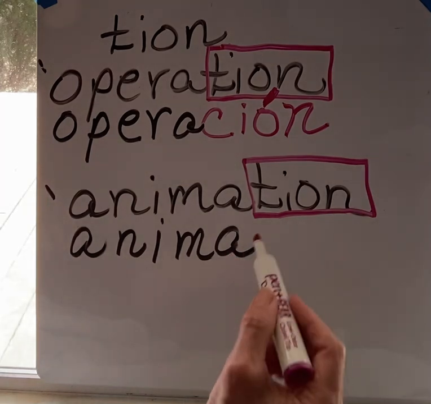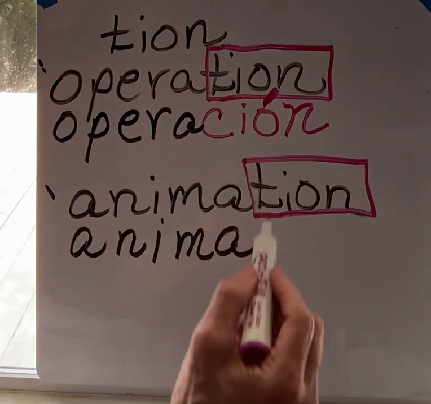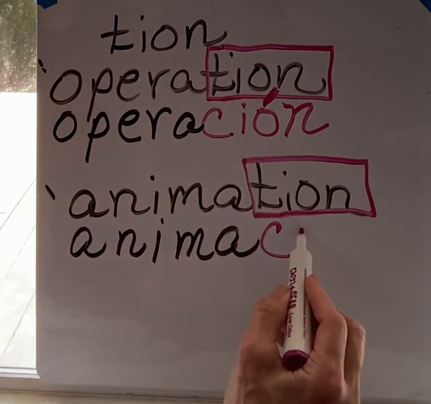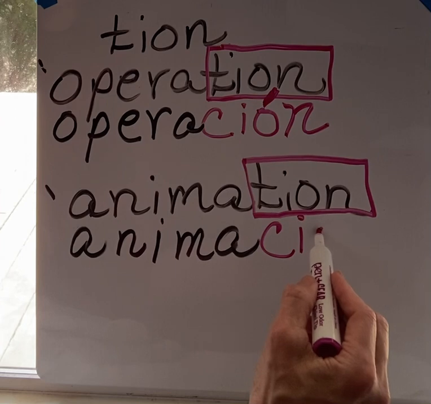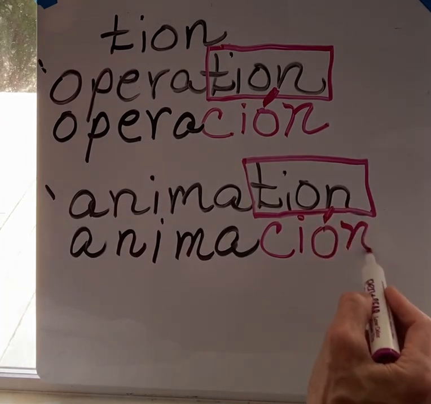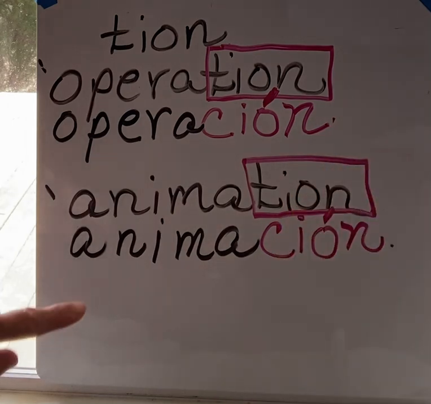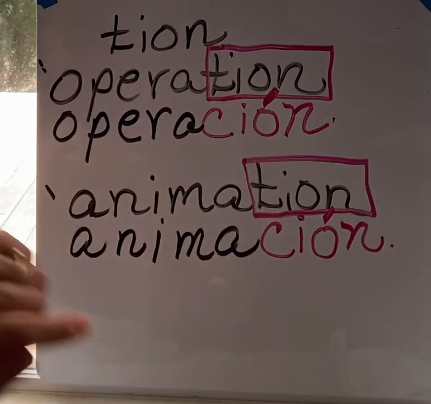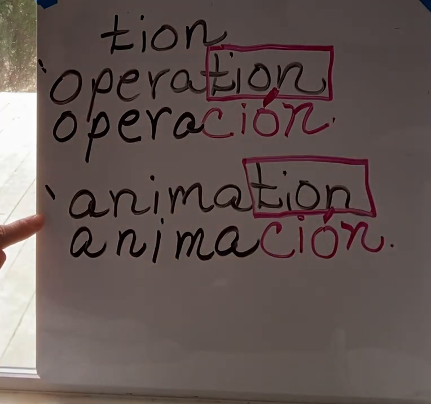Well, you turn your T into a C, you follow with your I, you follow with your O with a tilde on top, and then you finish it up with an N. There you go. Animación. Animation in Spanish is animación. Operation is operación.